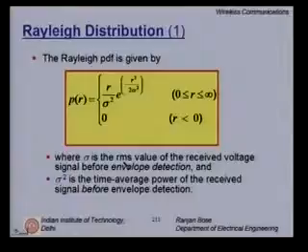Here, sigma is the root mean square value of the received voltage signal before the envelope detection. Sigma squared clearly is the time average power of the received signal before the envelope detection. So, the mean and the median of this distribution all will depend on this sigma.